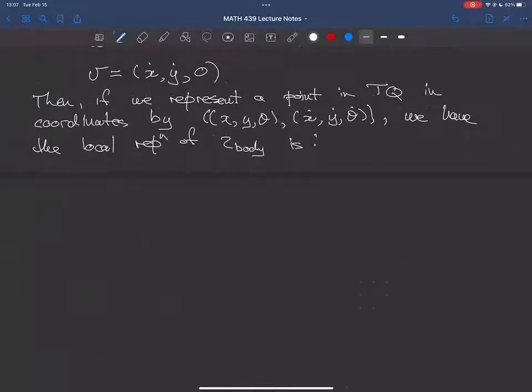It's going to take x, y, theta. Oh, sorry, I didn't mean to do this. I don't want to think of these as being functions of time now. I want to think of them as being coordinates in the tangent bundle, in which case this is Vx, Vy, and V theta.